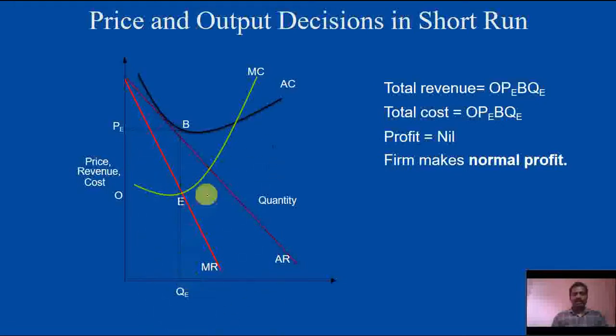And now cost and revenue are exactly equal here, and total revenue is OPEBQ, and of course this itself is the cost.